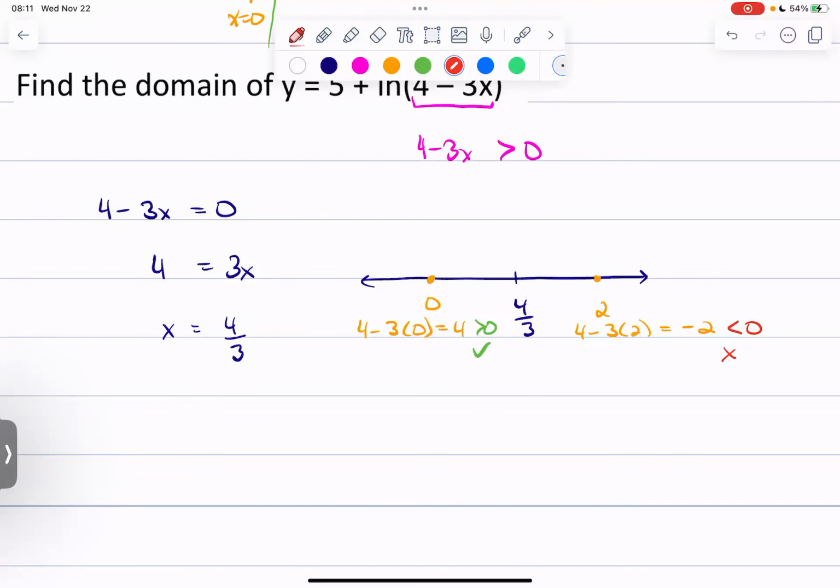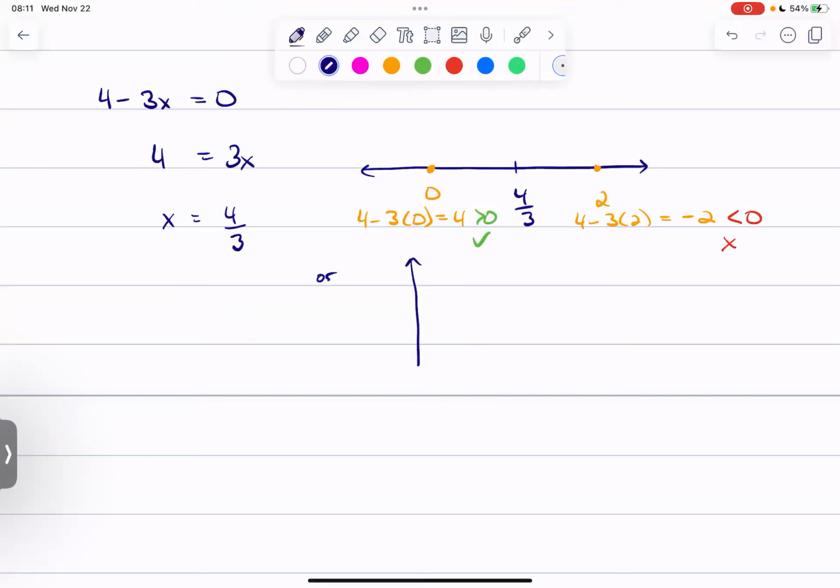You could also think of it as, okay, so now instead of this number line, make this number line your x-axis. Or you could think of it like this. Now you've got your x and you've got 4/3. This is still a line, 4 minus 3x.